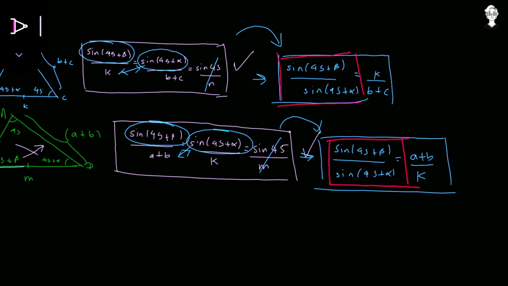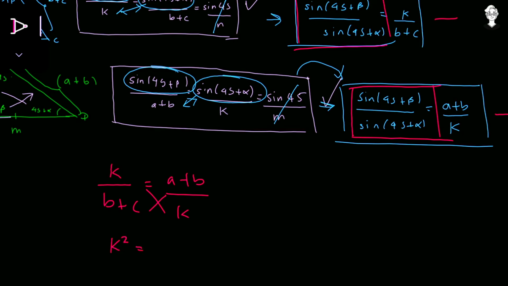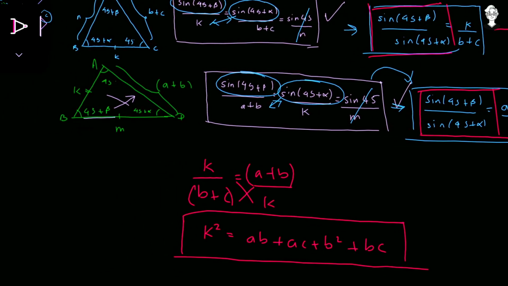So there are two equations with equal LHS, so we can compare their RHS. RHS of the first one is k upon b plus c, and RHS of the second one is a plus b upon k. We can do the cross multiplication, so we get k square equals ab plus ac plus b square plus bc. This term multiplied with this term gives that. So we have the value of k square.